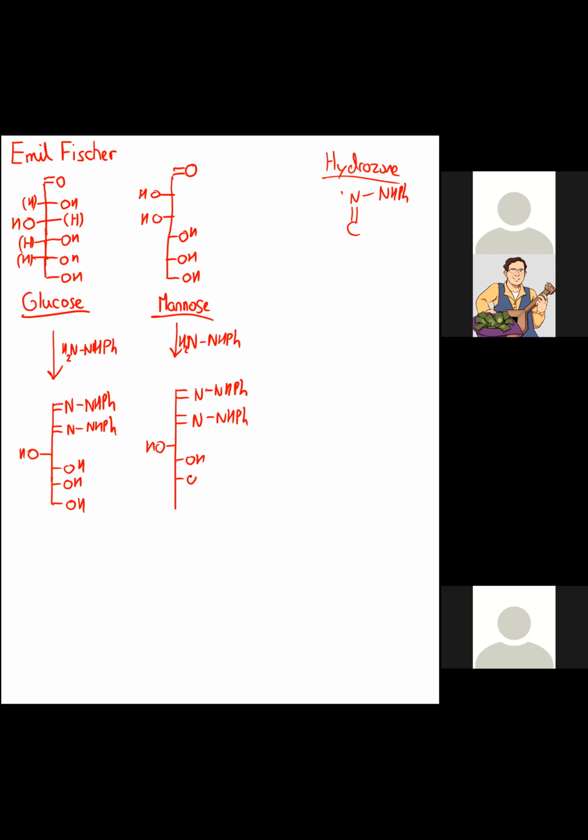And we take that second OH, and of course when we do that, these are the same molecule, because glucose and mannose, if you take a quick look up here, only differ by the orientation of that OH. In all other cases, these things are identical.